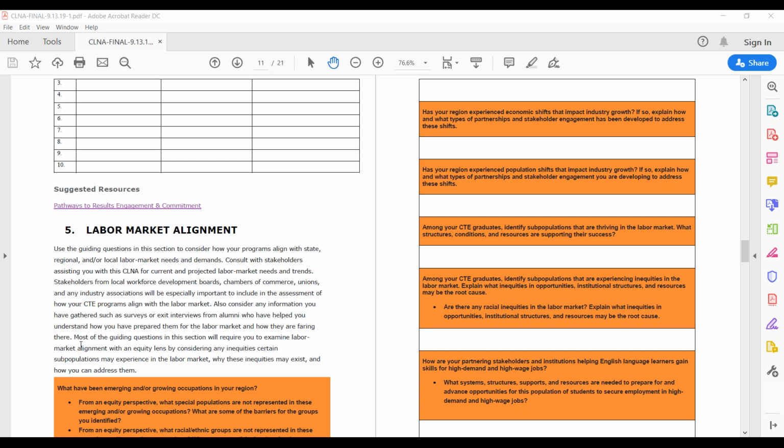So the next section is labor market alignment.